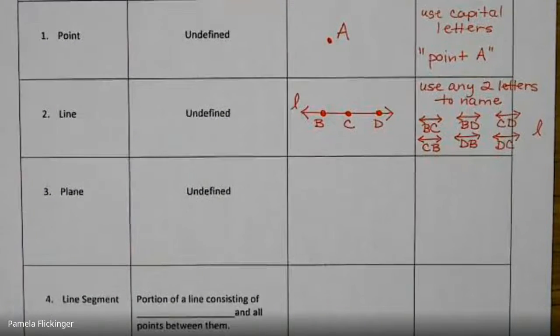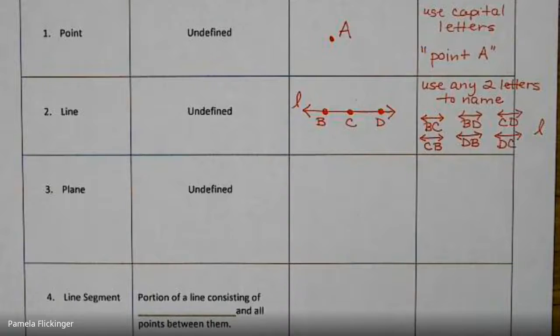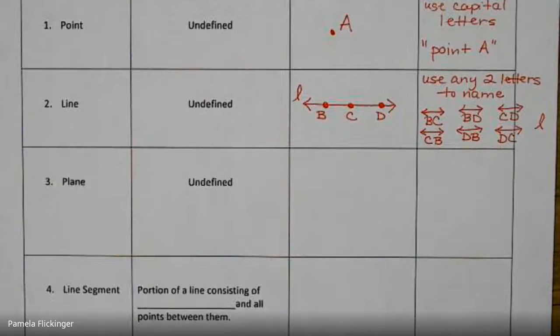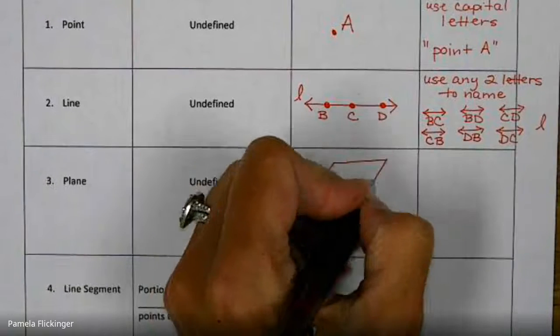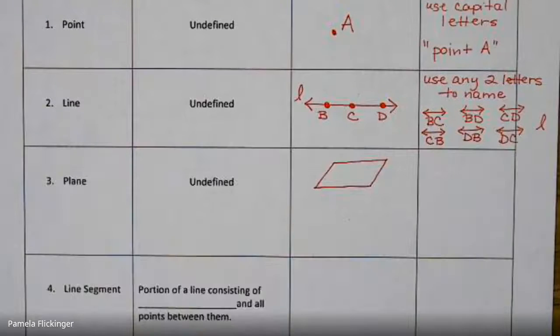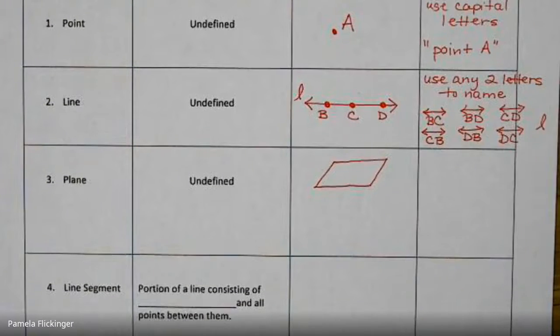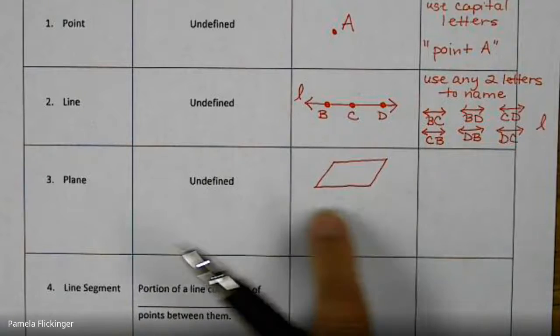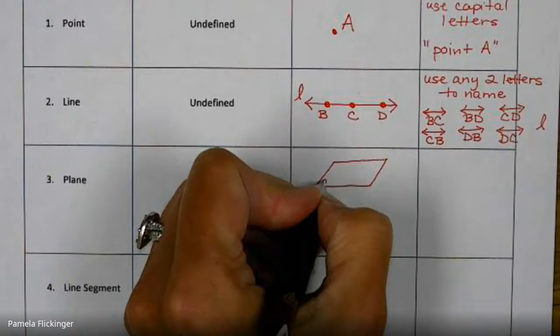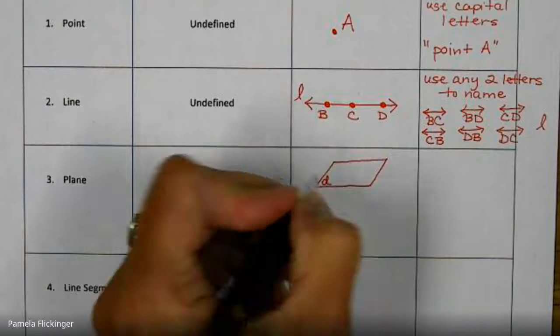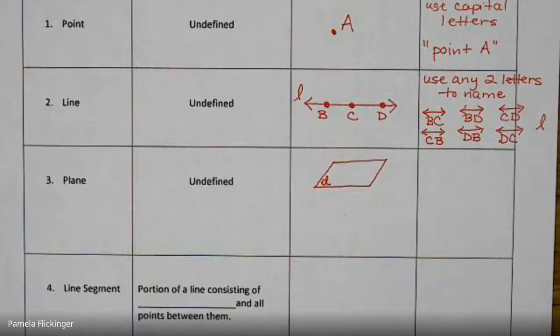Right? A plane, as far as looking at a picture, it's a flat surface. And so the picture that's typically used is a parallelogram. All right, couple different ways when you look at a plane, again, using lowercase letters usually, they'll use cursive lowercase letters and put one in the corner. Okay.